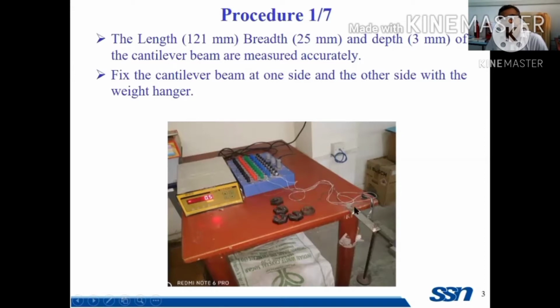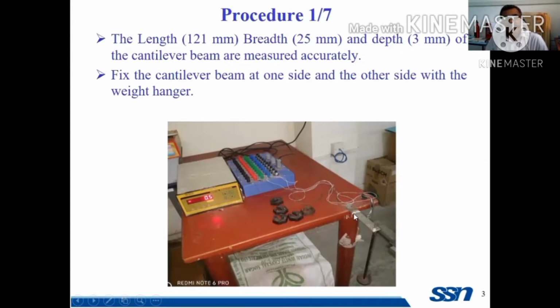Here, the strain gauges are fixed on the cantilever beam, and they will sense the strain at this location. When the load is applied, the fixed end of the cantilever beam will be subjected to strain.